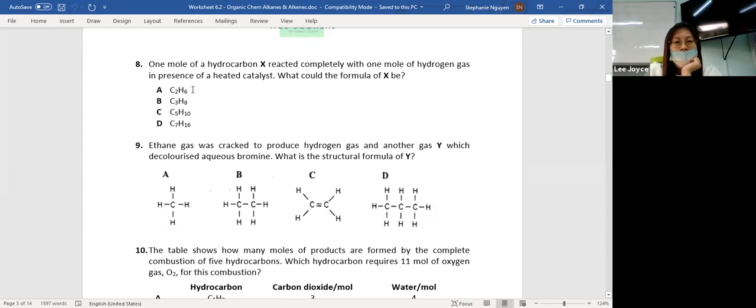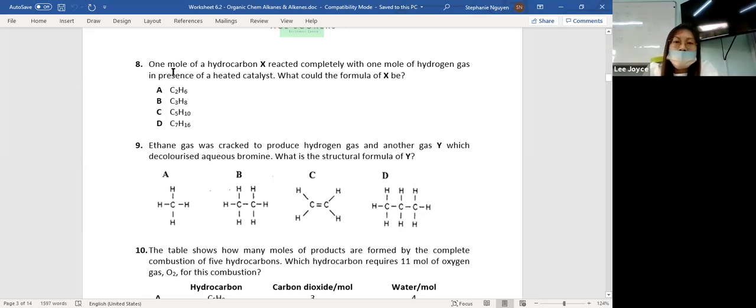So look out for the options and cross out those that are not alkenes. You know how to check, right? Using a general formula. Alkenes are CnH2n. It's only one option that is not; the rest are all alkenes. Got it? So actually the mole here is redundant. They're just there to confuse you.